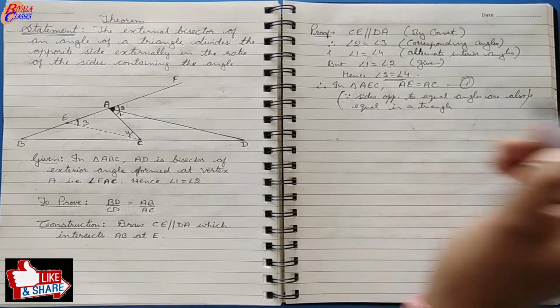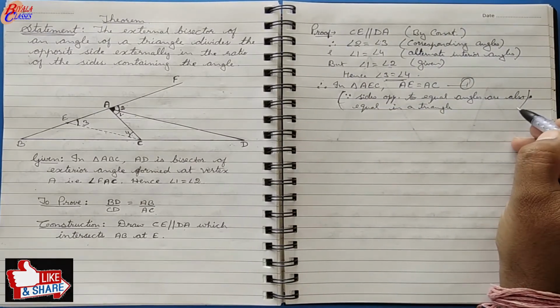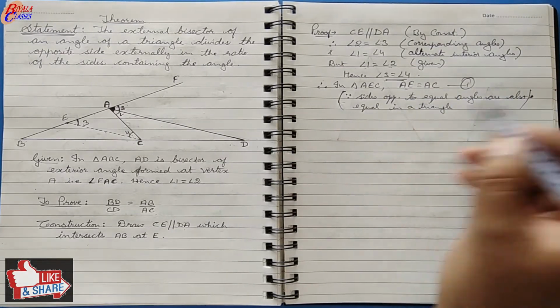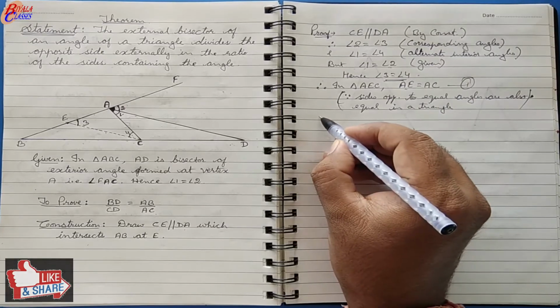So if angles are equal, then the sides opposite to them will also be equal. Based on this, we got that AE and AC are equal to each other.